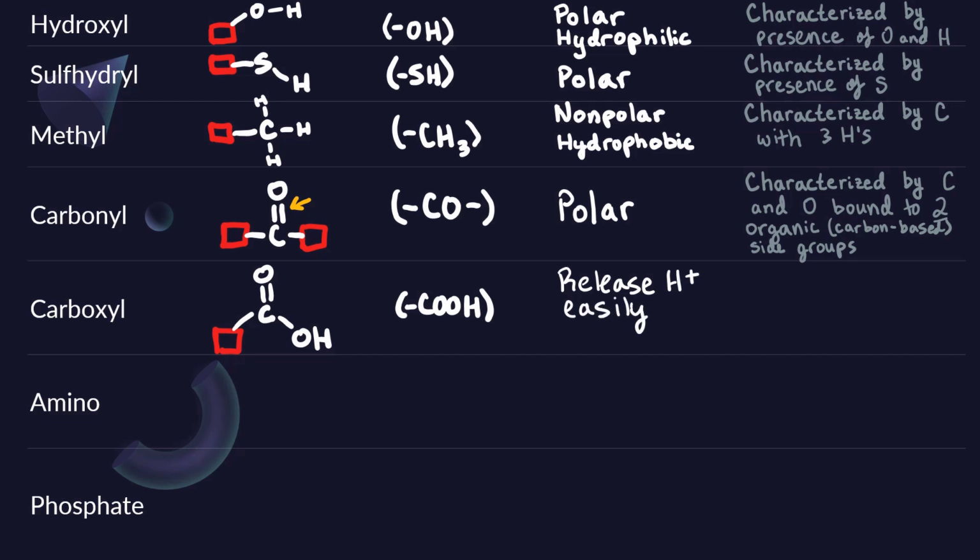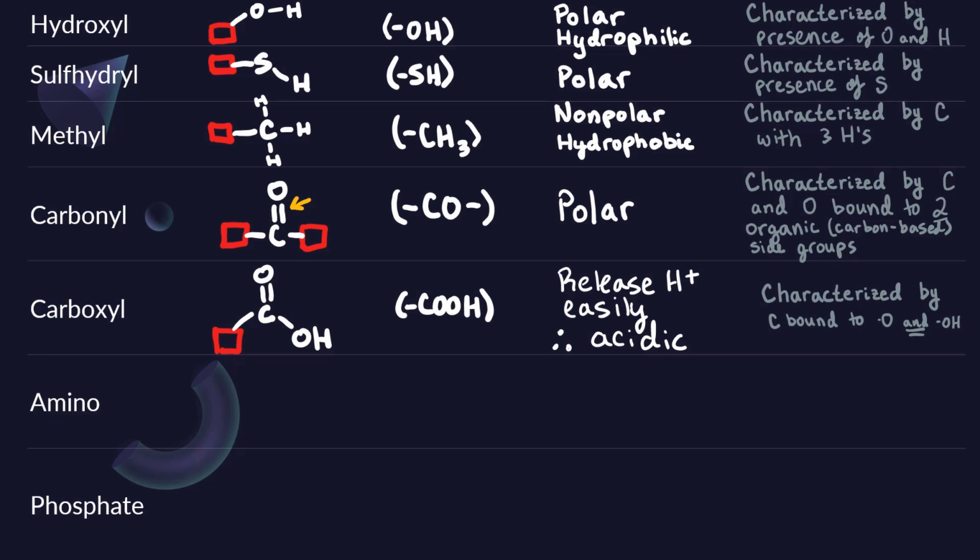Because they release protons easily into the solution, or hydrogen ions into a solution, they are considered acidic, right? Remember, the more protons we have in a solution, the more acidic that solution is considered to be. So these guys are characterized by a central carbon bound to an oxygen and a hydroxyl group, or an OH group.